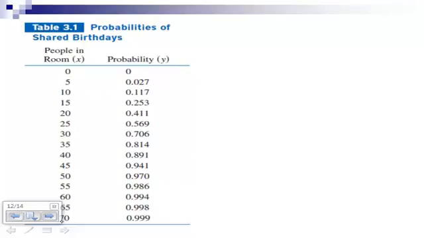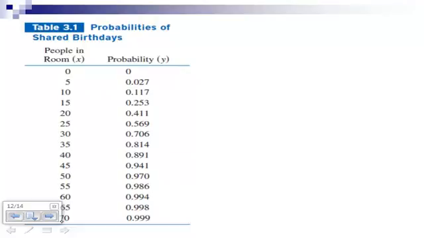July. August. September, the 22nd. Ooh. October. You have a twin, so you could just bring him into the same room. November. December. So close.